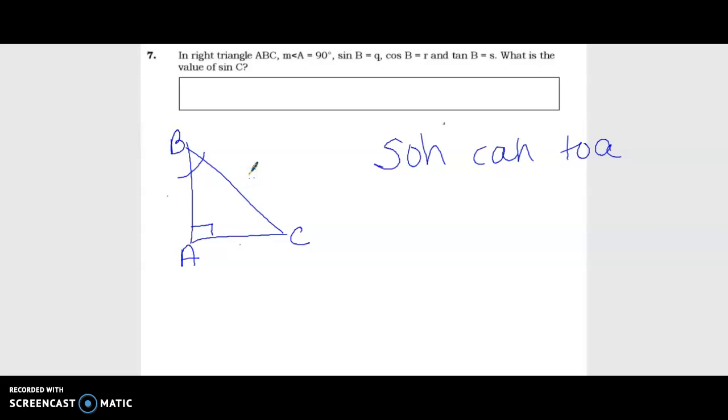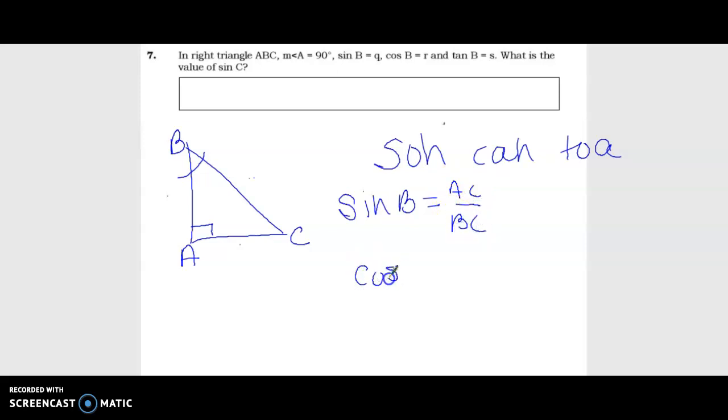It's opposite over adjacent. What would be the sine of C? So again, sine of B, that would be your opposite, your AC over your BC.